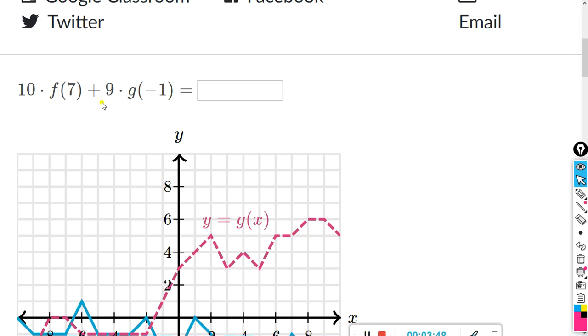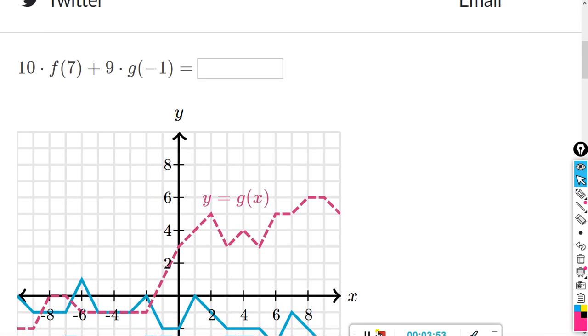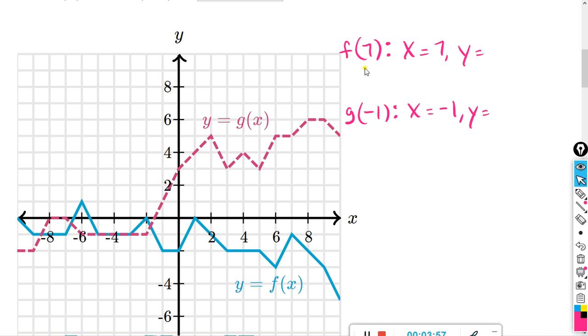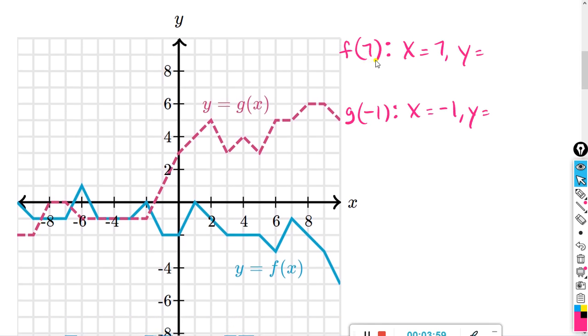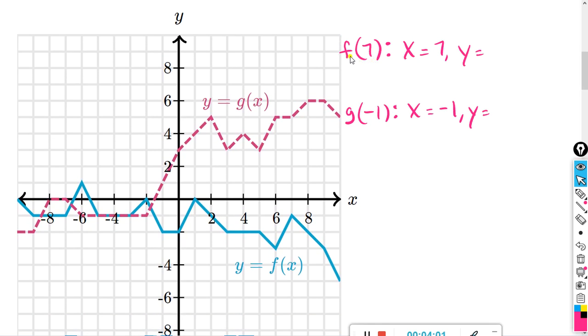So here's our expression. We need to find f of 7 and g of -1. First we have f of 7. The f graph is this one here, the one in blue. So f of 7 means x equals 7, and we want to find y. Here is the x-axis.